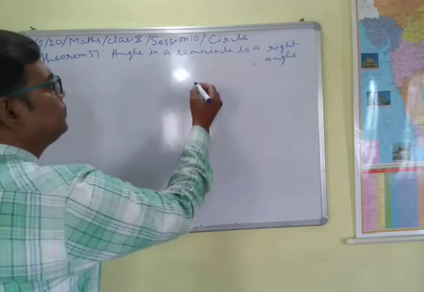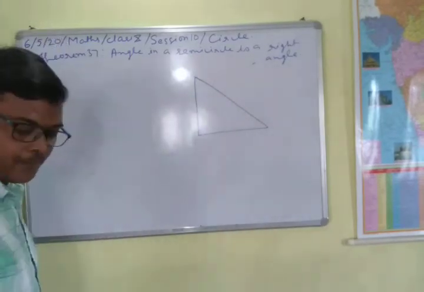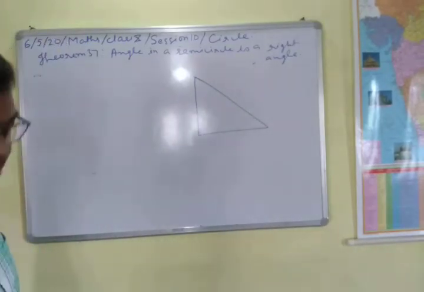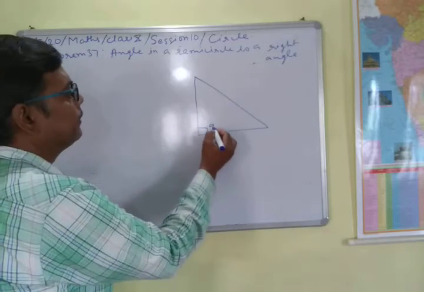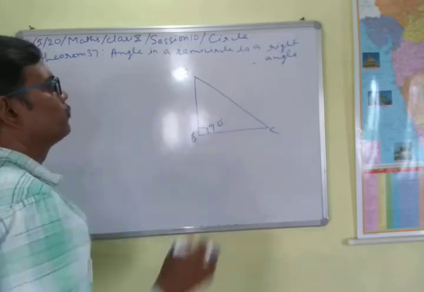Here it is given that angle B is 90 degrees. This is A, B, C. This is the first question in the book.